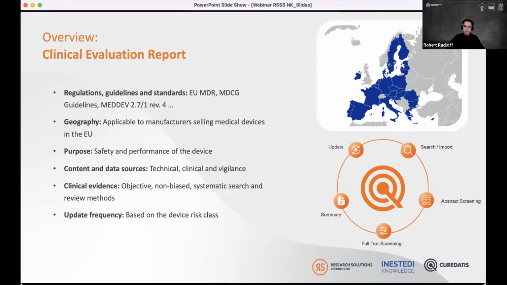That is the main similarity between the HTA and the clinical evaluation report. And you see on the right-hand side, in the bottom right corner, the process we are using for the clinical evaluation report, from search to update.